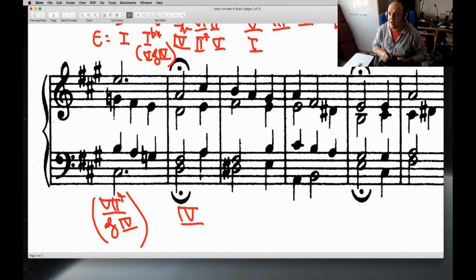Now let me see what happens in between here. That's just a C sharp diminished triad. Let's see. I have a C sharp, E again, a G natural. See, that's simply C sharp diminished triad, 7 of 4, going to 4.